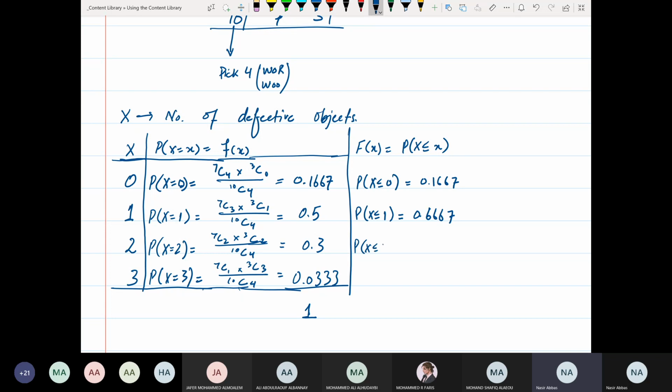Probability of x less than or equal to 2 will be 0.9667. And probability of x less than or equal to 3 will be definitely 1. So this column is called the cumulative distribution function, capital F of x.